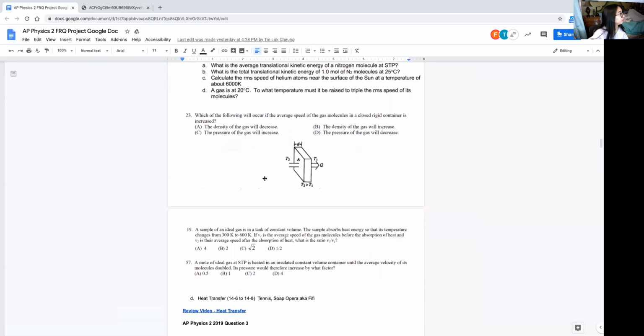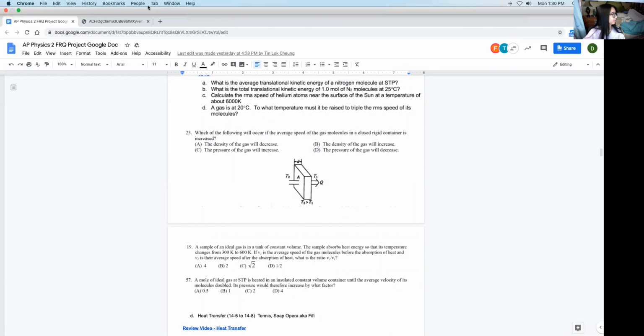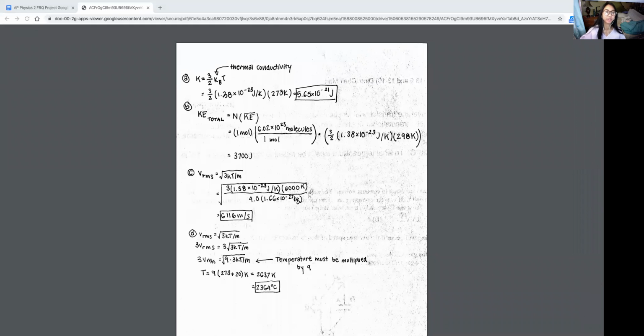So the first question is asking, what is the average translational kinetic energy of a nitrogen molecule at STP, standard temperature and pressure? Let's take a look at the solution. As we learned in the video, K is equal to 3/2 times the Boltzmann constant times temperature.